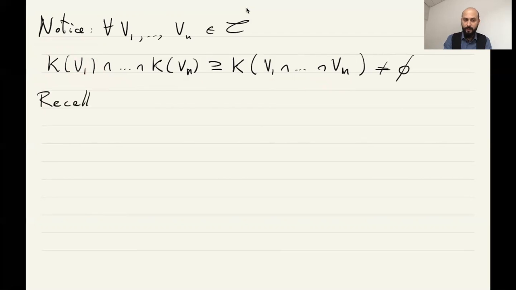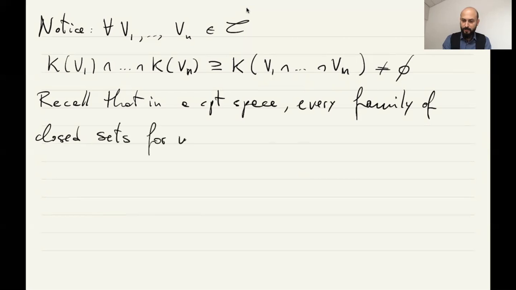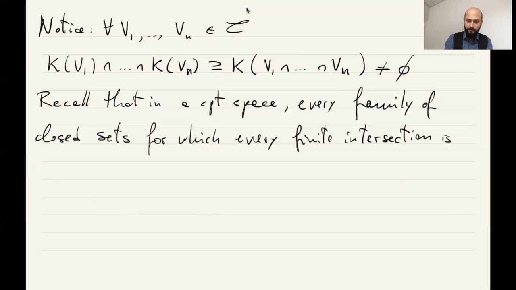So I will remind you this fact. Recall that in a compact space, every family of closed sets for which every intersection of finitely many elements of this family is non-empty has non-empty intersection.